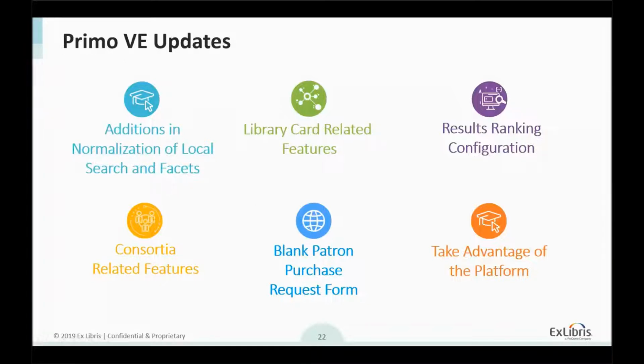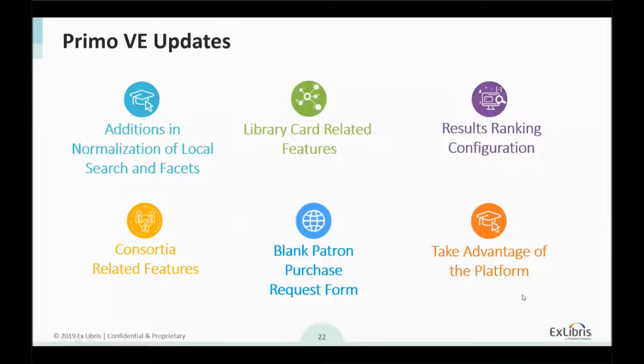Two consortia related features, in the external data source and in the union view, we will also detail in the next slides. We also give you the ability to let users create a purchase request for a blank form that is not related to a specific item.